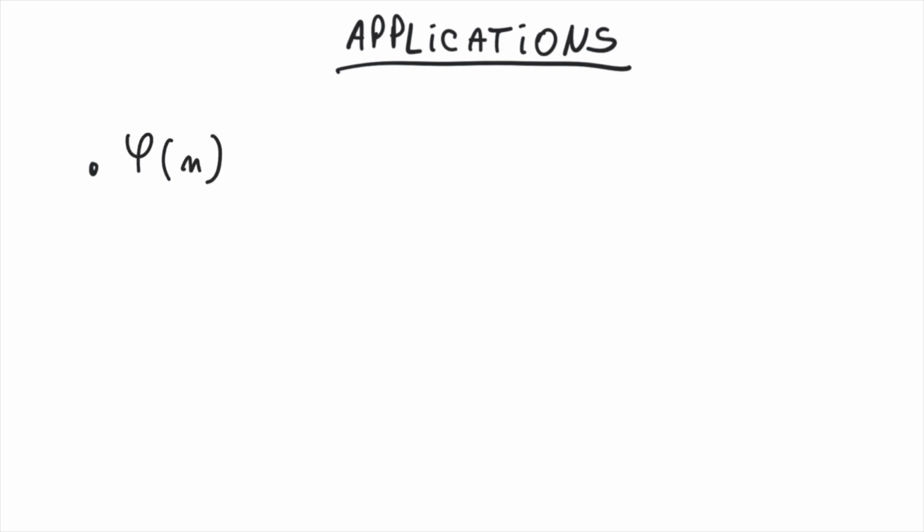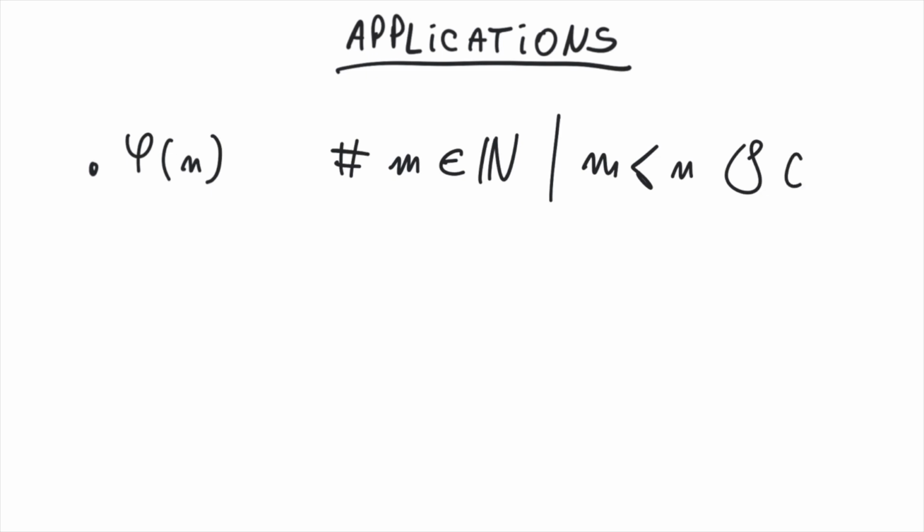So this is the number of natural numbers m less than n such that GCD(n, m) is 1. So that means m is coprime with n. They don't share any divisor other than 1.